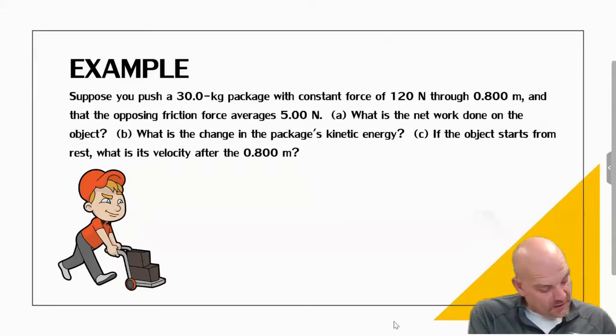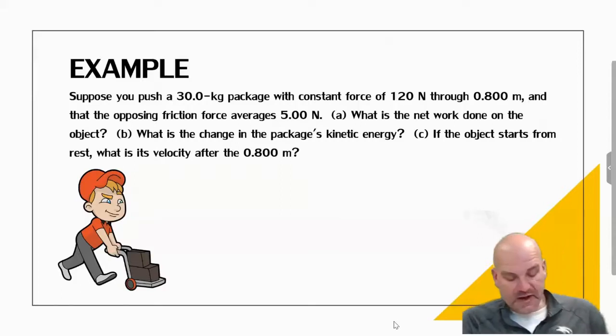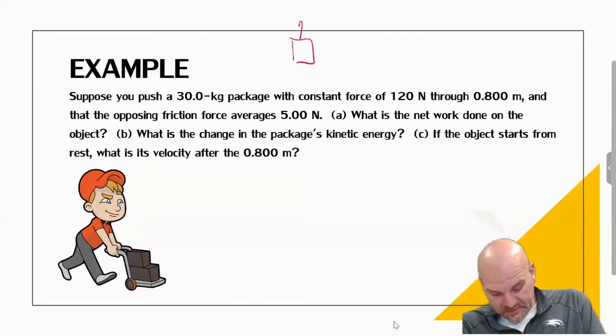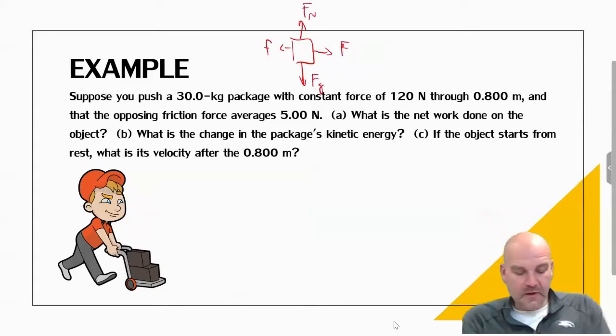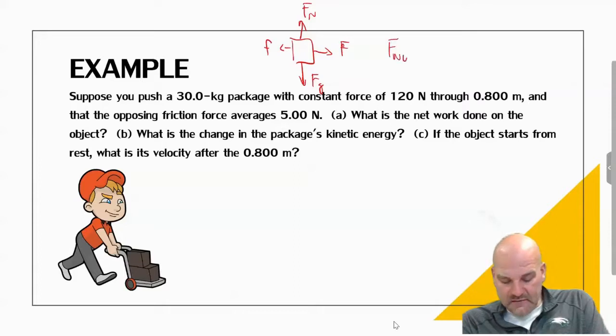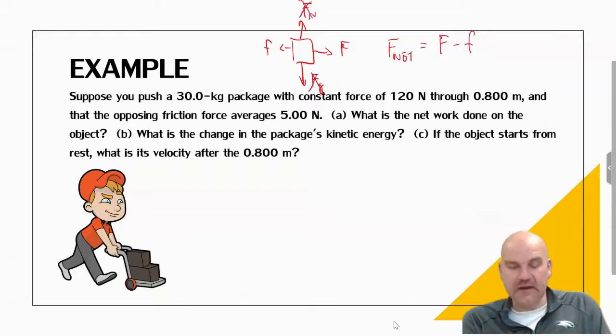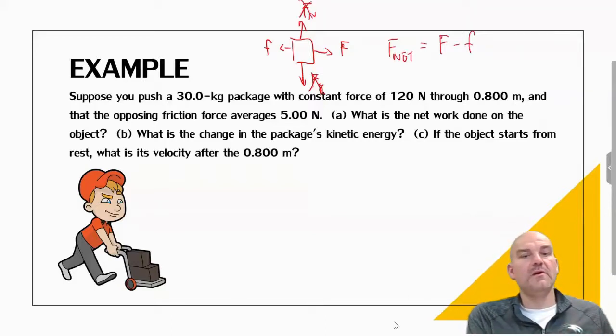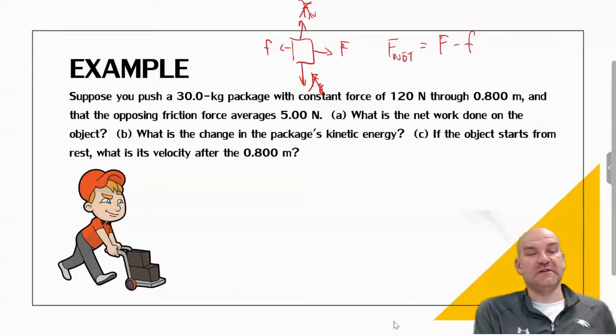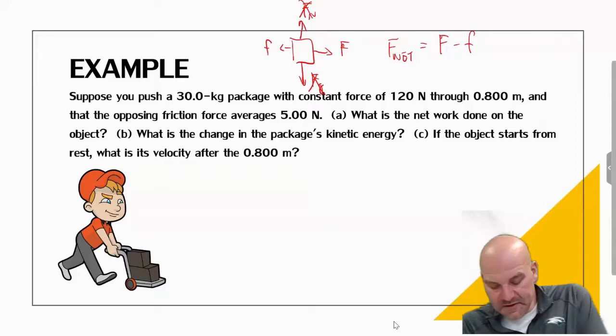So if we're looking for the net work, let's do our free body diagram. We want to find the net force acting on this object to find the net work. Again, normal force and weight don't matter, and it's not really going to matter here because they tell us how much the friction force is.